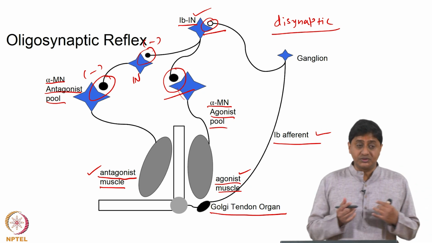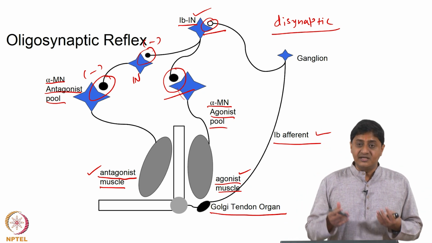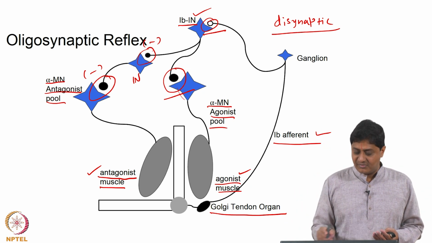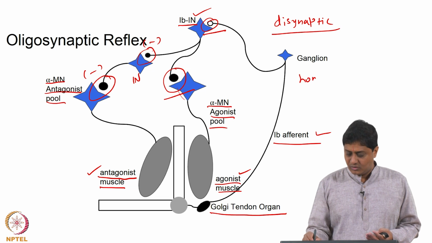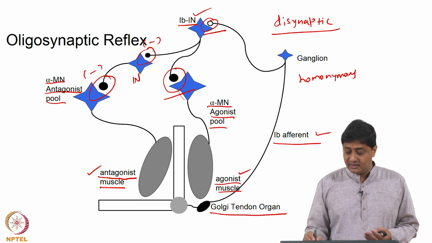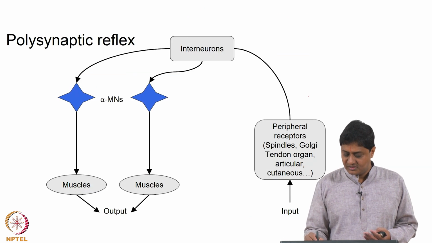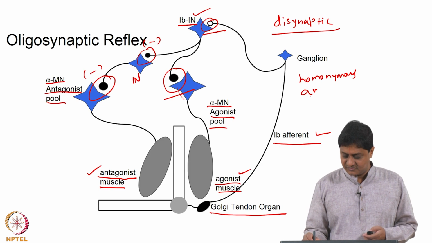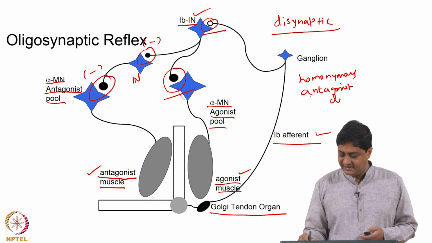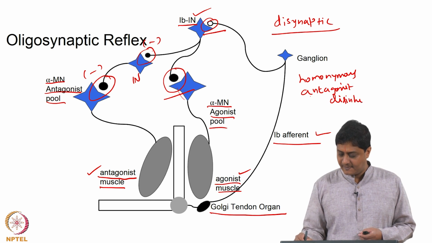So, there are two things that the 1B interneuron does. It inhibits the same muscle, the homonymous muscle, and it disinhibits the antagonist, or heteronymous; we will just say antagonist. So, it is not confusing, antagonist is disinhibited. Okay.